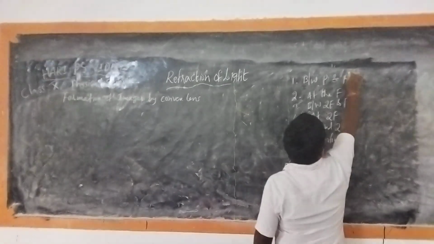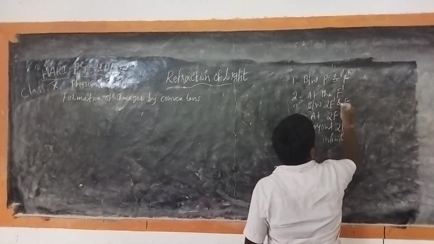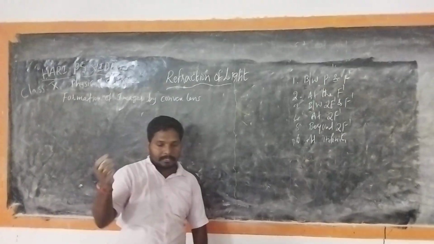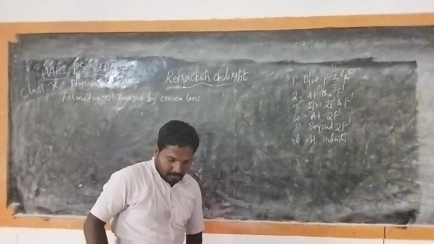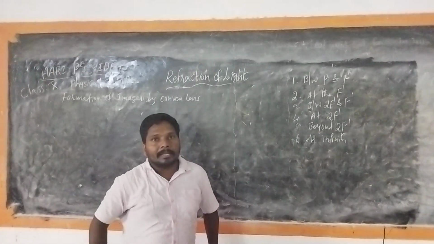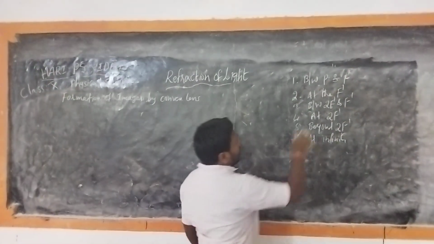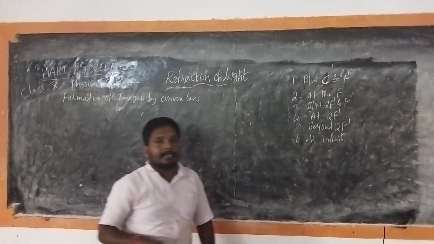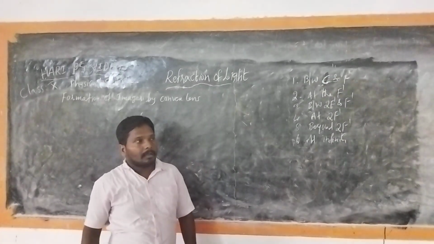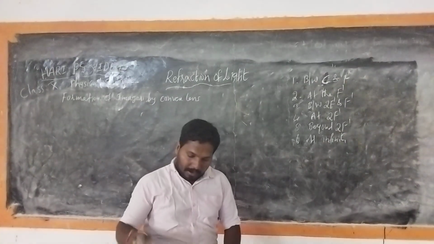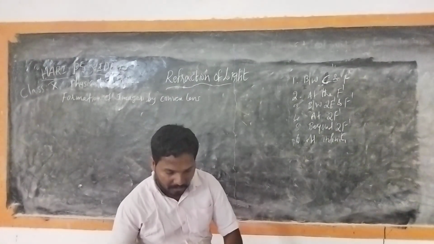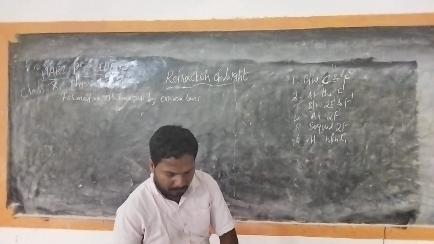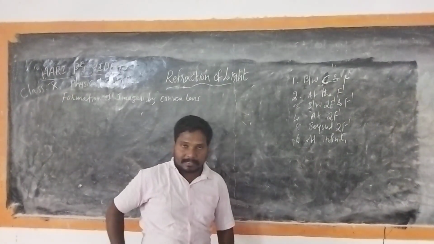So F dash, 2F dash, two focus points, so one. Then the first one is between the optical center and focus. So what will happen? Where the image of an object is formed, let us discuss.